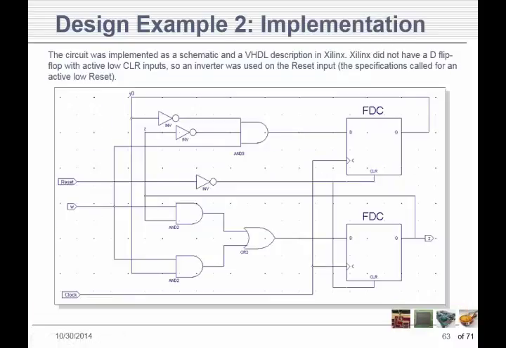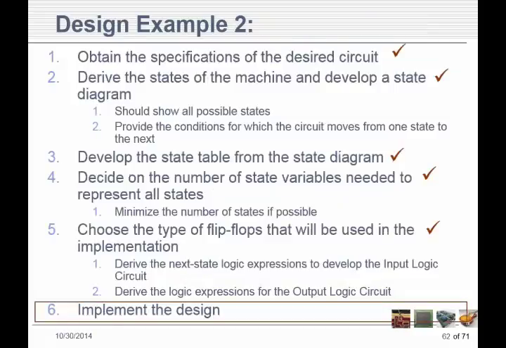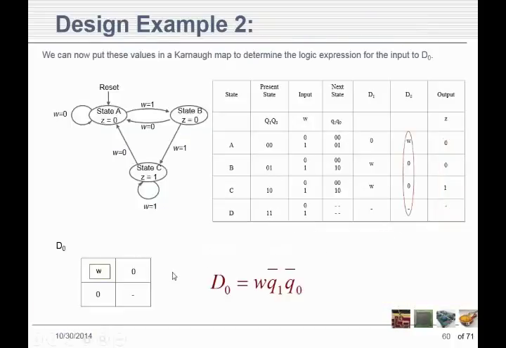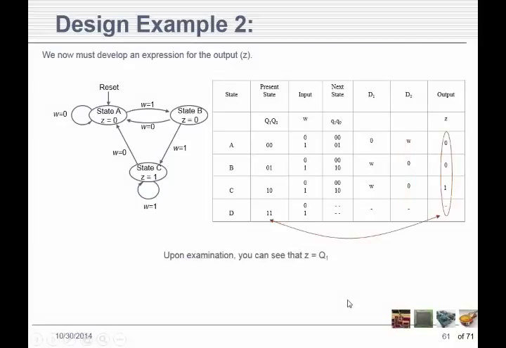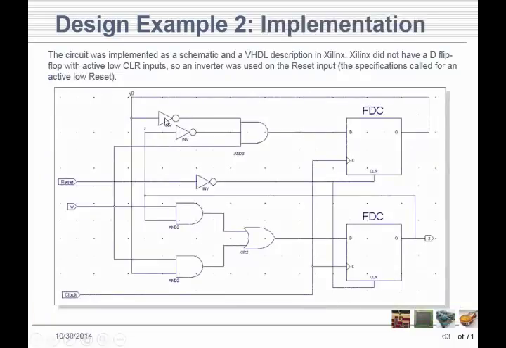Okay, implement the design. This is what I got. It'd be a little difficult to go back, but I think we could go back and match all these. This one says to D0, we've got W AND Q1 AND not Q0. So one of these should be W. There's W, and it goes here.